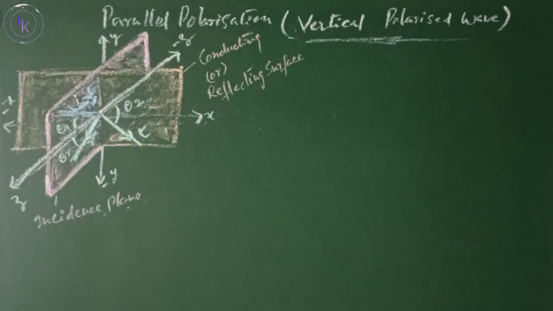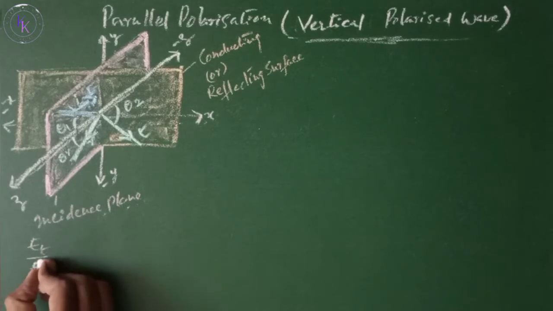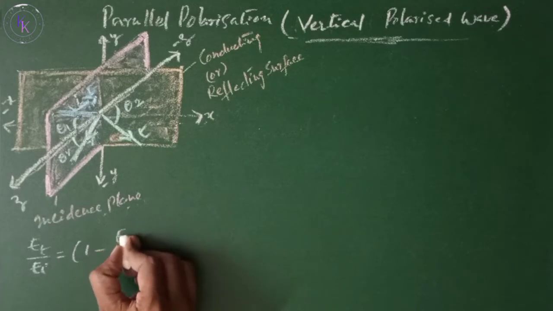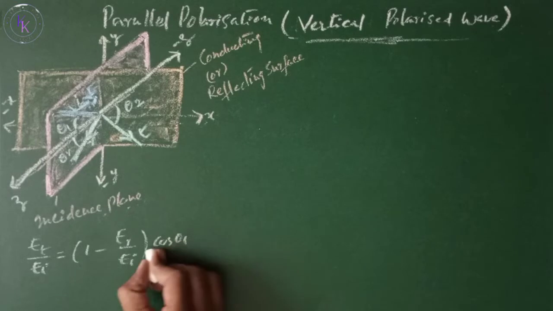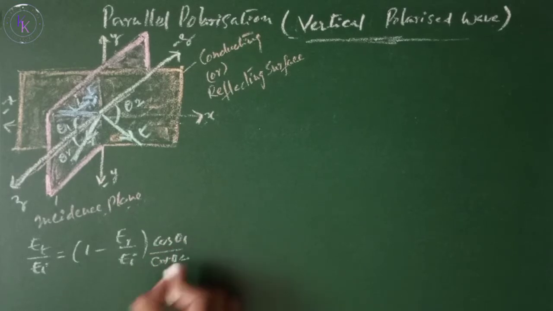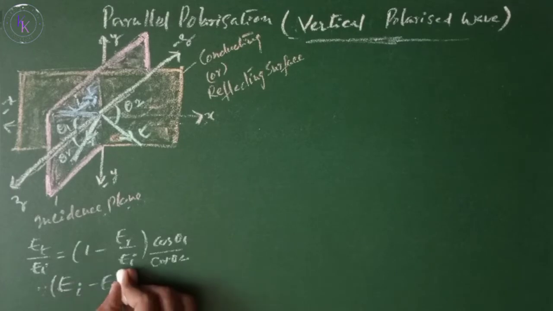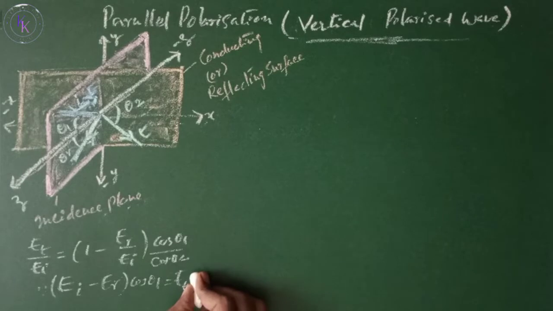Now, applying the boundary conditions, Et by Ei equals 1 minus Er by Ei, cos theta 1 divided by cos theta 2, since (Ei minus Er) cos theta 1 equals Et cos theta 2.